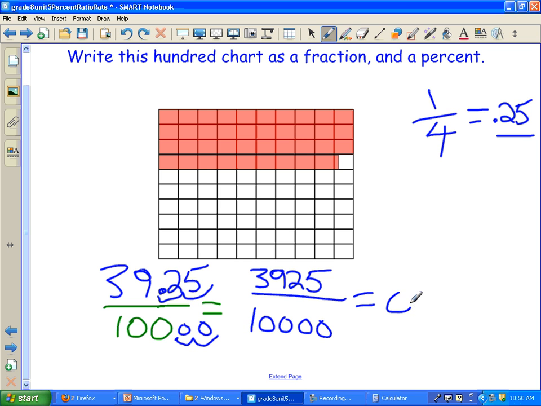Keeping in mind how many decimal places we need now: 1, 2, 3, 4. 1, 2, 3, 4. Put your numbers in: 3, 9, 2, 5. So that'll give us 39.25% if we were to change it back to a fraction, or to a percent.